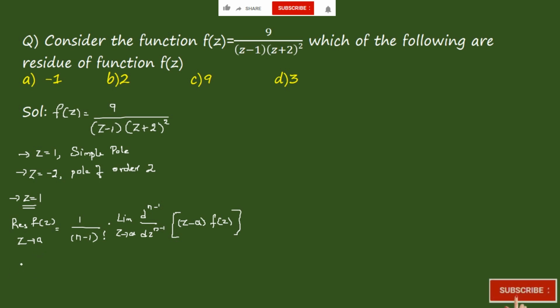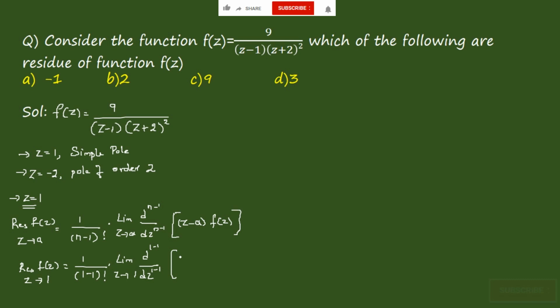So we get residue of f of z as z tends to 1 is equal to 1 by 1 minus 1 factorial into limit z tends to 1 d by dz of 1 minus 1, the simple pole, so n is 1, into z minus 1 into 9 divided by z minus 1 into z plus 2 whole square.